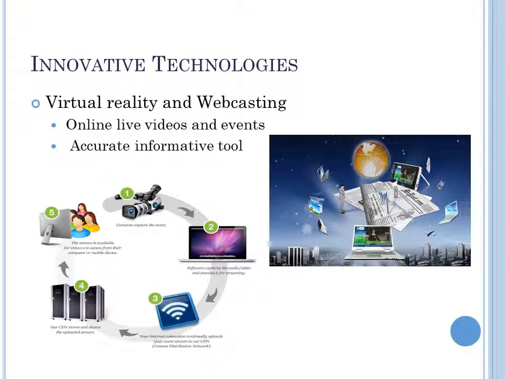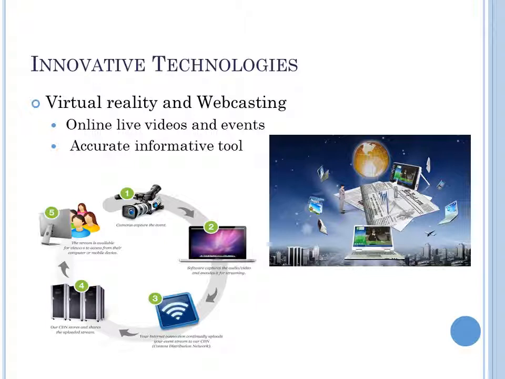Virtual reality and webcasting are another example of innovative technologies in the tourism industry. Virtual reality is a computer-simulated environment that has the ability to simulate physical presence in places through 3D environments.